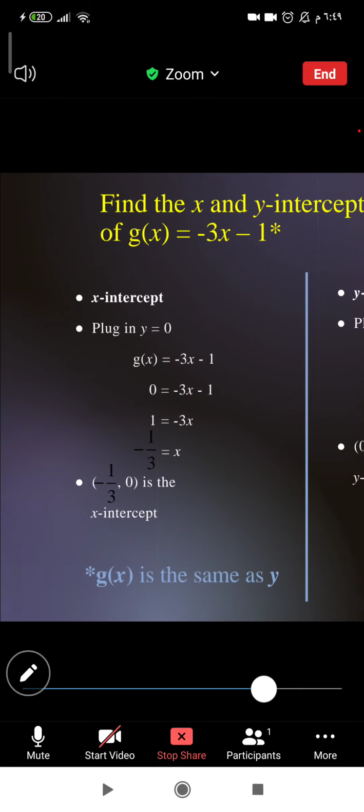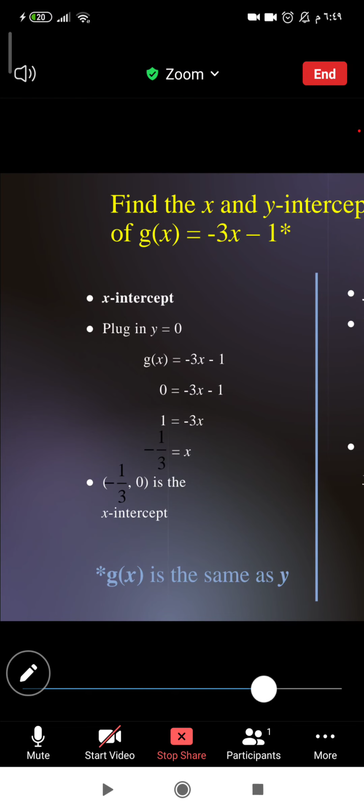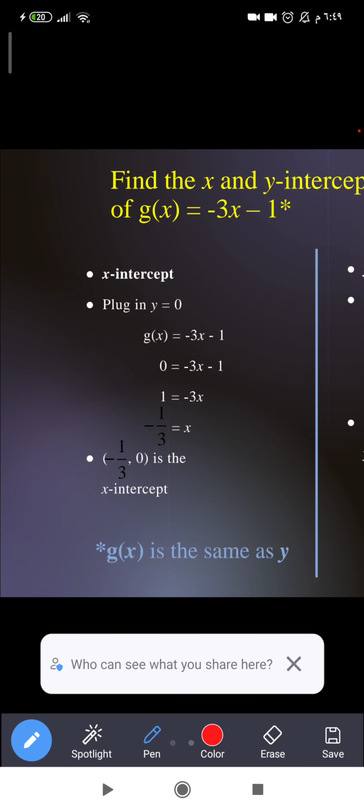Okay, to find the x-intercept, look, if you want the x-intercept, I plug in y equals 0. Okay, what does that mean? y in g(x) equals 0. So I will find 0 equals negative 3x minus 1. So x equals negative 1 over 3, (-1/3, 0).